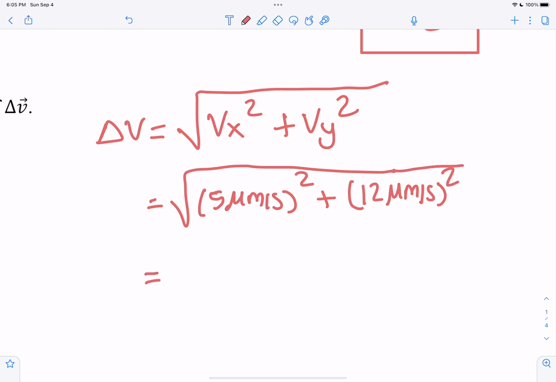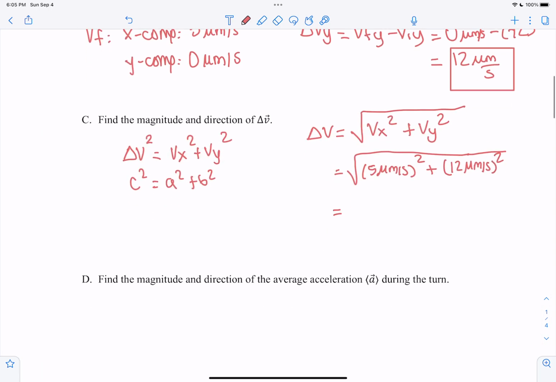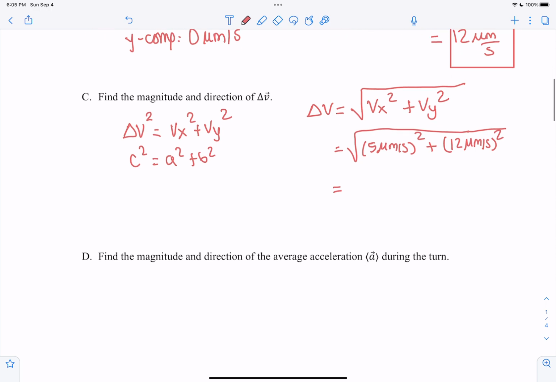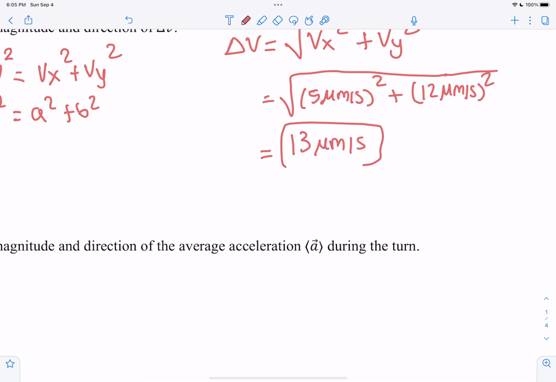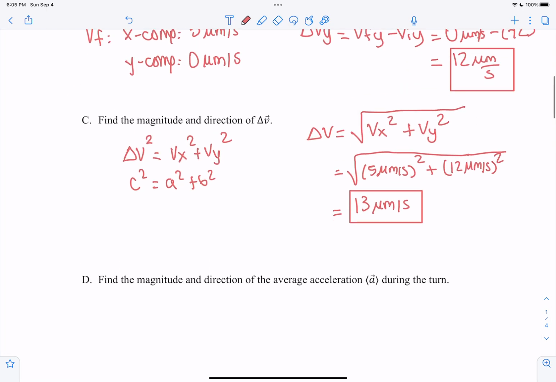If we add the two together, 5 squared plus 12 squared, and square root the whole thing, what do we get? Yep, 13 micrometers per second, absolutely right. So 13 micrometers per second is the magnitude of delta V.